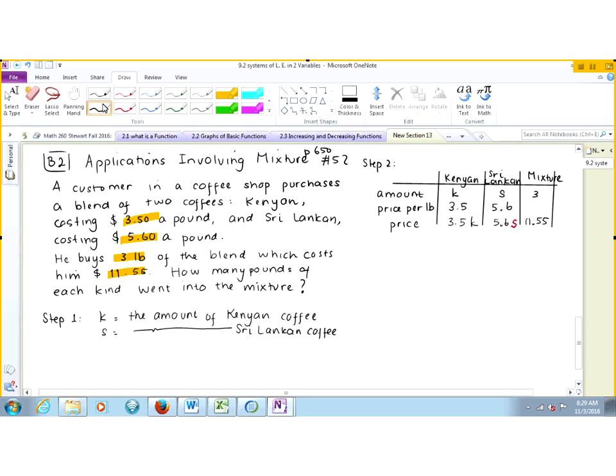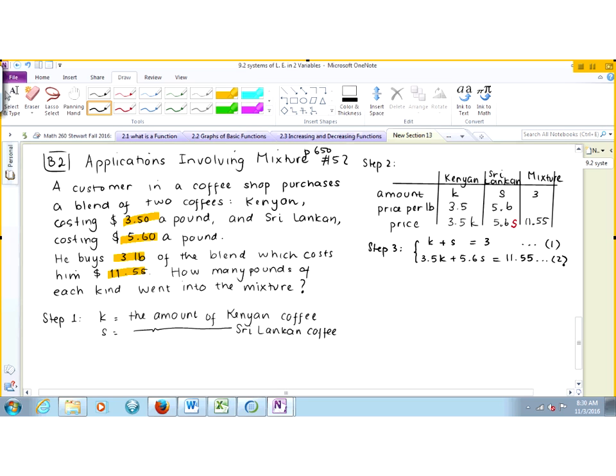Now, do we have the equations? Let's write down the 2 equations. K plus S is equal to 3. And the second one, 3.5K plus 5.6S is 11.55. So you have 2 equations.